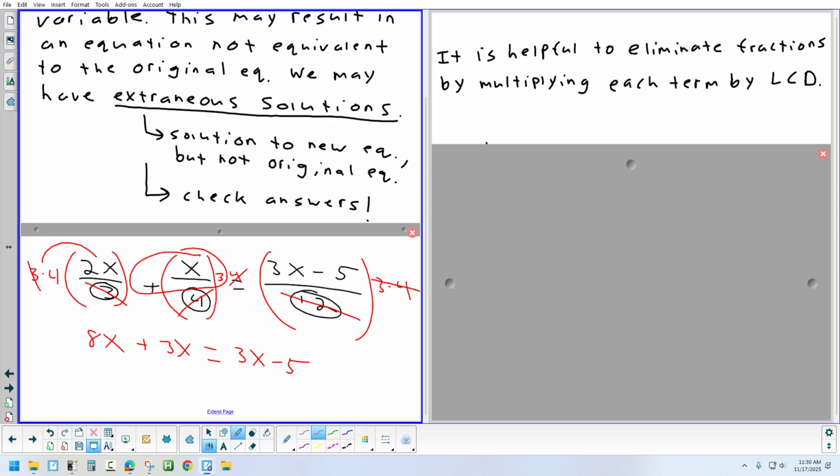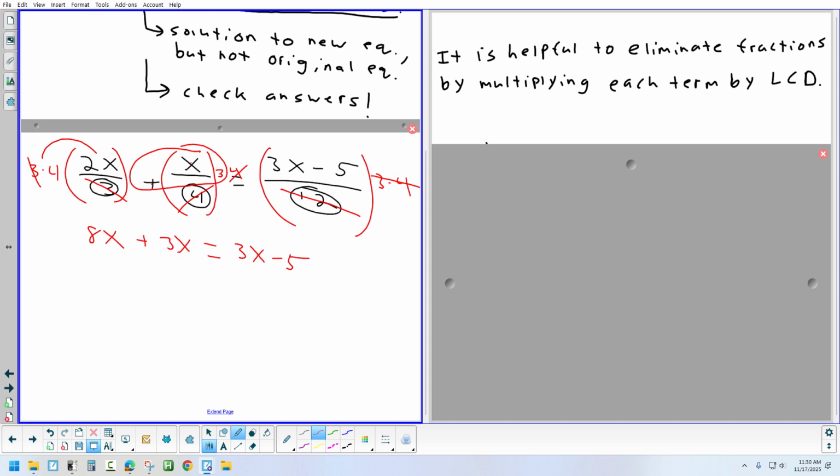We're not going to continue solving it from there. We could solve it, but it's probably not going to be a nice answer. But the point is now you have an equation that's much easier to work with because there's no fractions left in it. Just combine like terms, bring all your x's to the same side, and finish solving it.